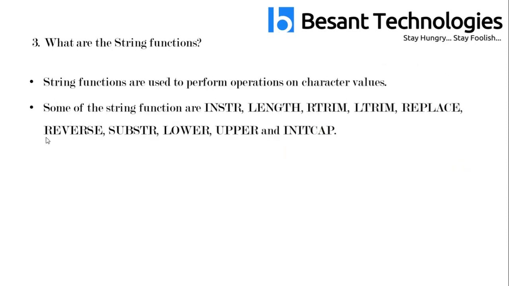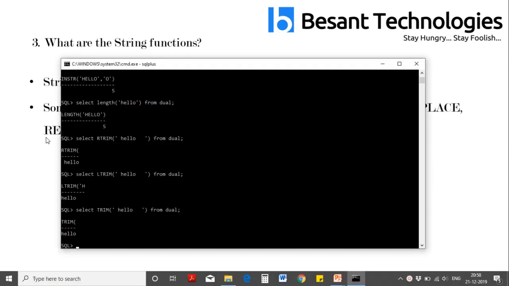The next is replace, reverse, substring, lower, upper, and initcap. When it comes to replace, if you want to replace any character of the string, then we can use replace. Here, if I wanted to replace the character L with some other character, for example I, then I can say hello.